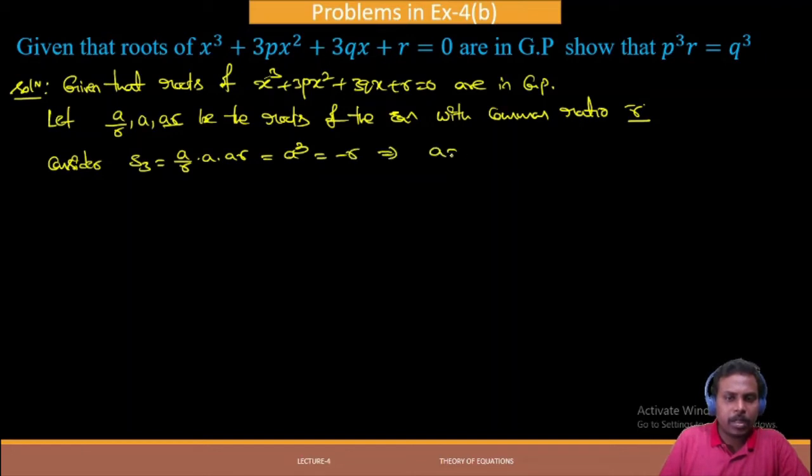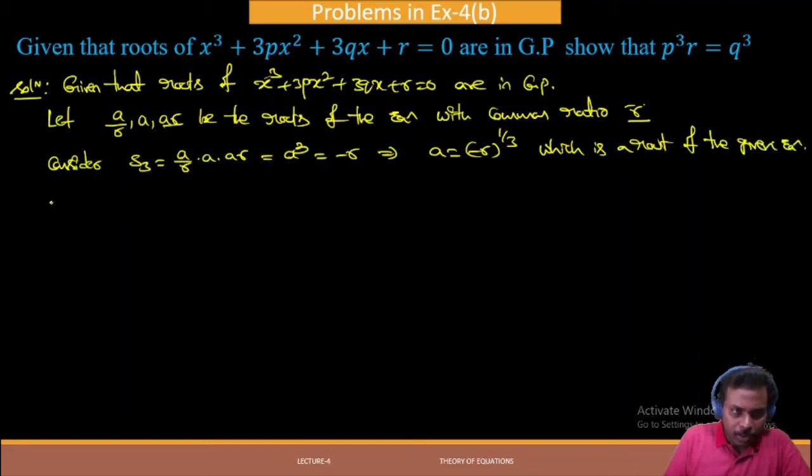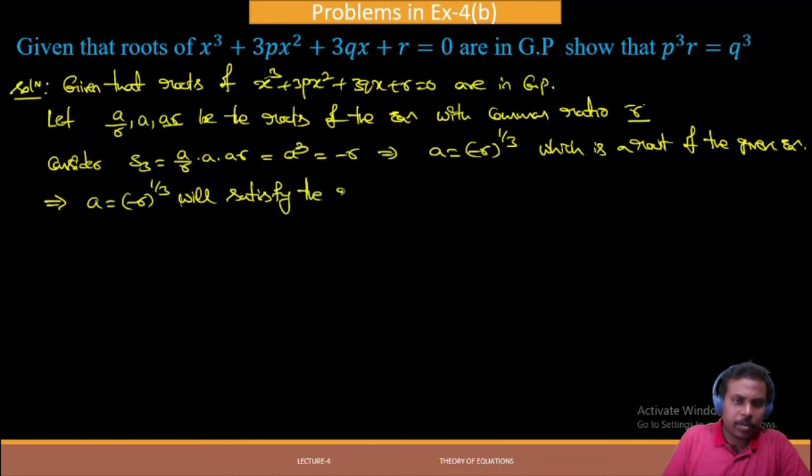So this implies a is equal to minus r whole to the power 1 by 3, which is a root of the given equation. So a is equal to minus r whole to the power 1 by 3 will satisfy the given equation.